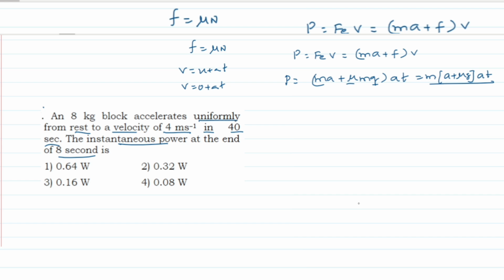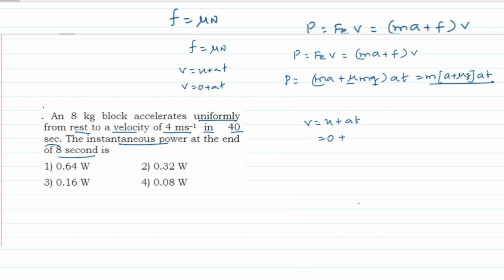Velocity at the end of the 8 seconds, in the sense v equals u plus at, from rest, in the sense 0 plus at. With what acceleration it's moving? So first we need to calculate the acceleration also.